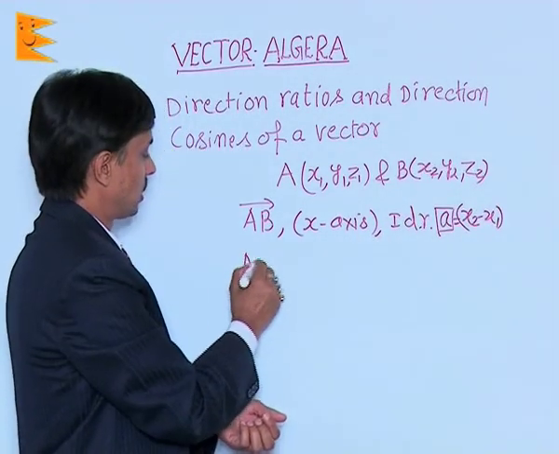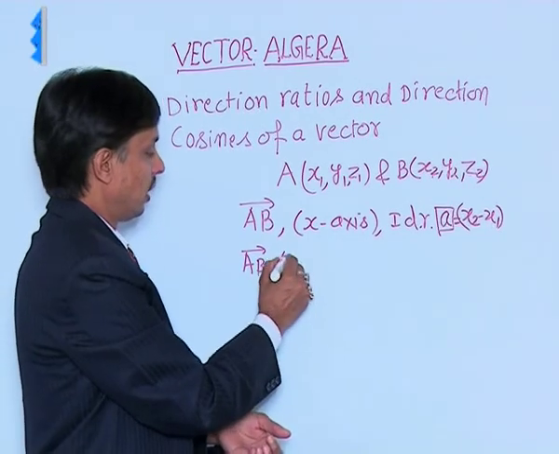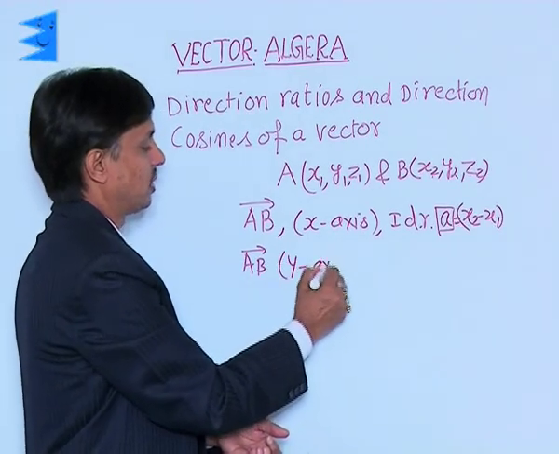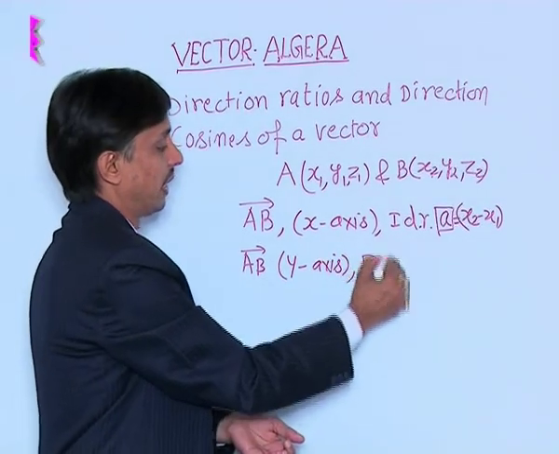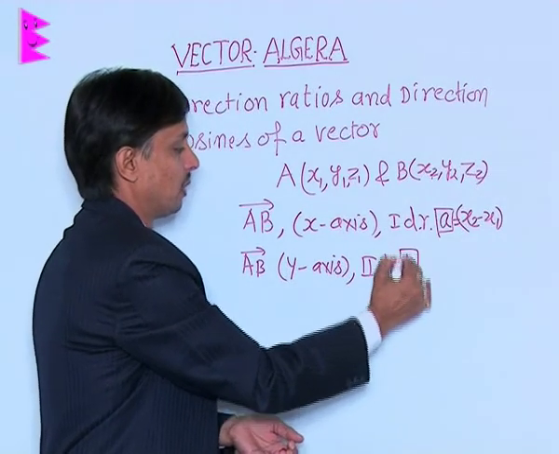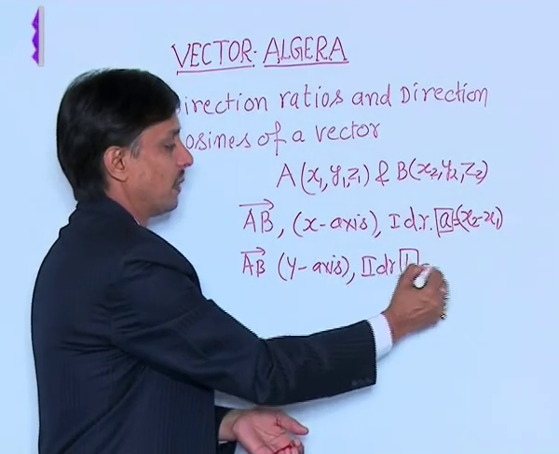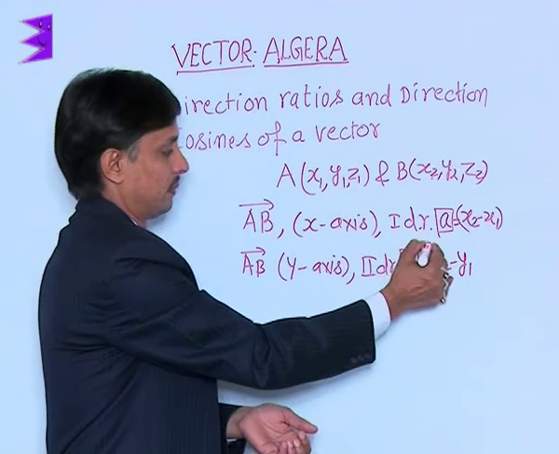Now the second component of AB, in the direction of the y-axis, is the second direction ratio, represented by B, and the rule is y2 minus y1.